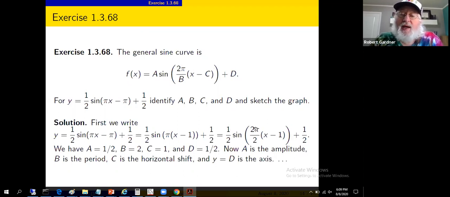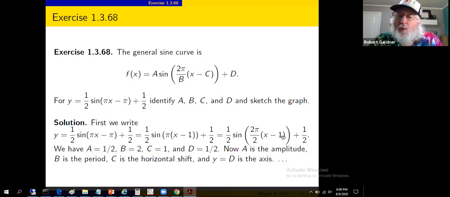We got the 2 pi out front. This must be b, and this must be c. So comparing corresponding pieces, so we did the manipulations to make it look like this. A must be 1/2, the thing in front of the sine function. We got the 2 pi where it's supposed to be. Under the 2 pi is b. B must be 2. B equals 2. We're subtracting off something inside.